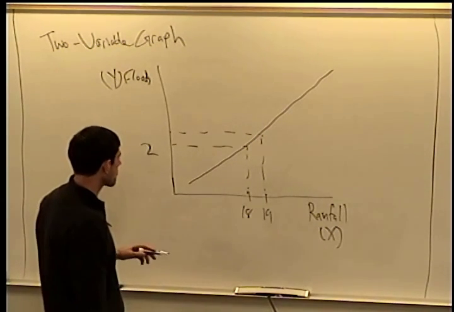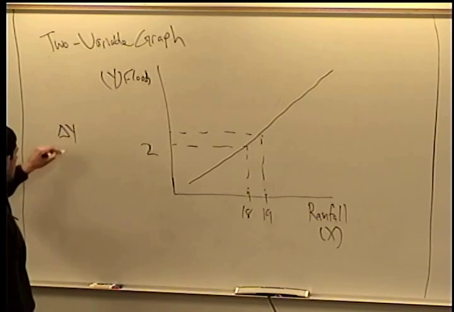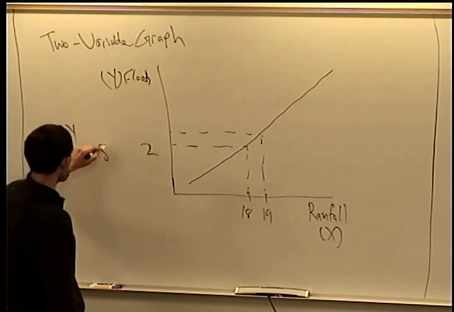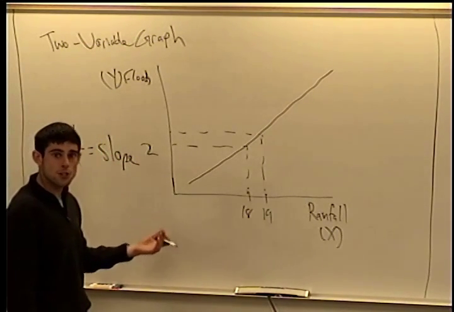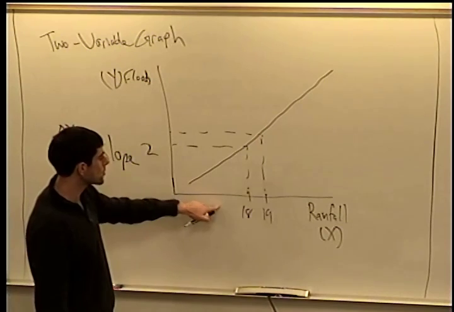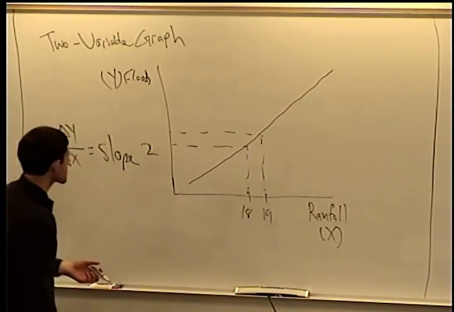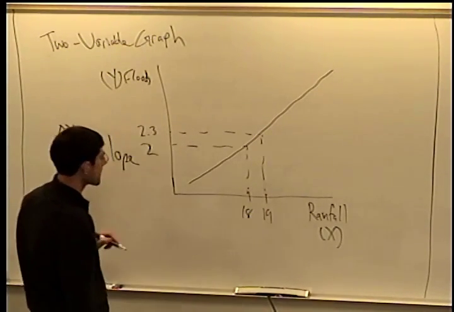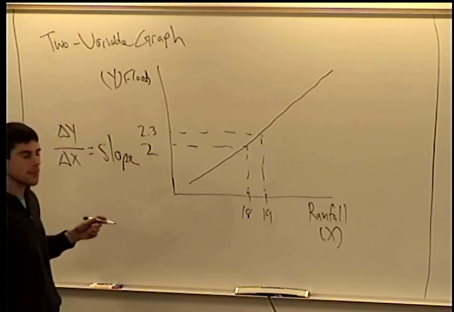And we want to know how much is the expected number of floods increase with an additional inch of rainfall. In this case, what we really want to know is what is the change in y for a given change in x, which is what we call the slope. So if we're thinking at the margin on a 2-variable graph, the margin is going to be the slope of our line. Okay, so in this case, let's say that we went up to 2.3. So here, we would expect 2.3 floods.